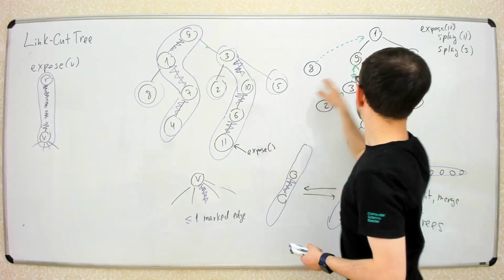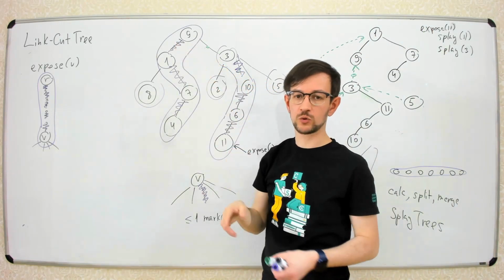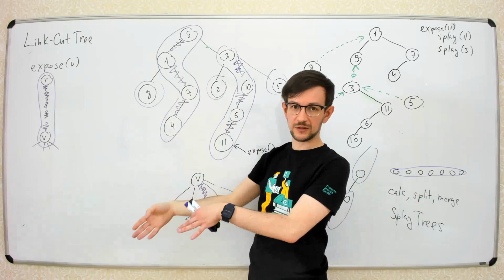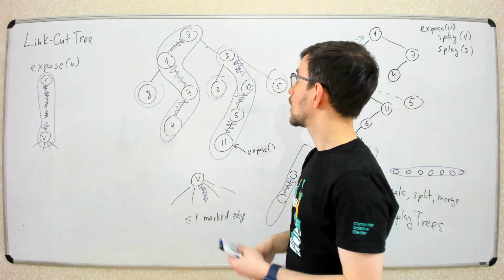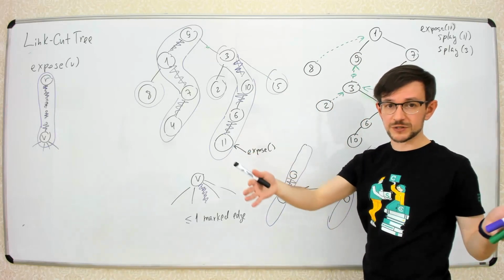So we need to split this splay tree after 9. So we need to make 9 and everything after 9. How to make this? Pretty simple. How to split splay trees?